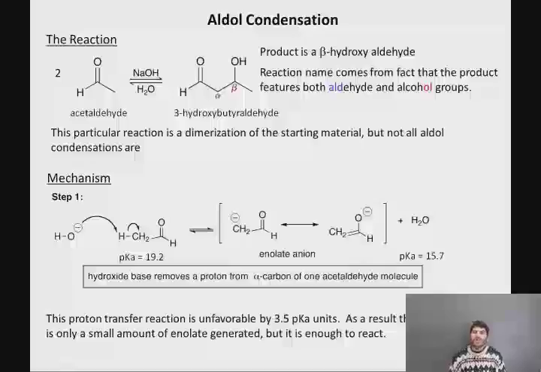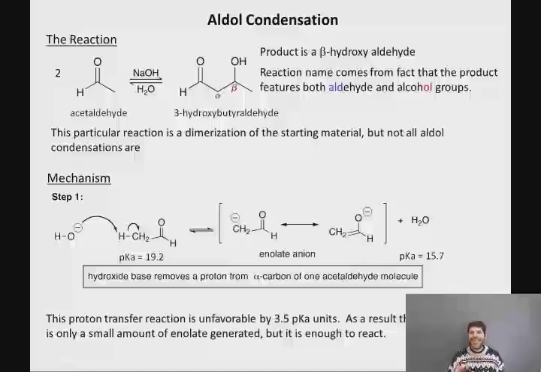The fact that it's unfavorable means that at equilibrium, the equilibrium will favor the reactants rather than the products, but you will still have some amount of product, specifically of enolate, present at equilibrium.